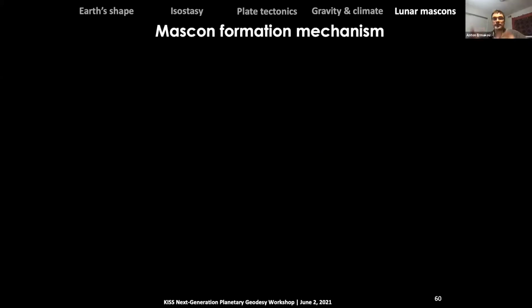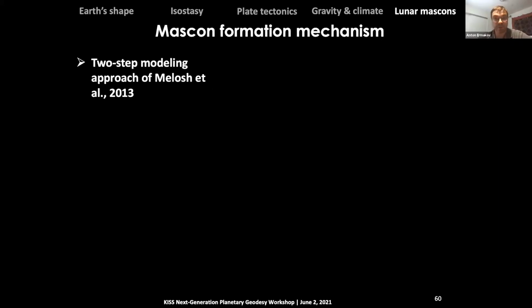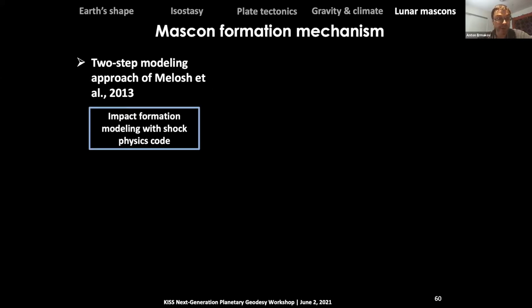So as I said, these gravity anomaly patterns were mapped in great detail by the GRAIL mission, and in 2013, a group led by Jay Melosh proposed the following mechanism for mascon formation. They used a two-step approach in which the impact formation is modeled with a shock physics code, and this part of the simulation takes hours in physical time.